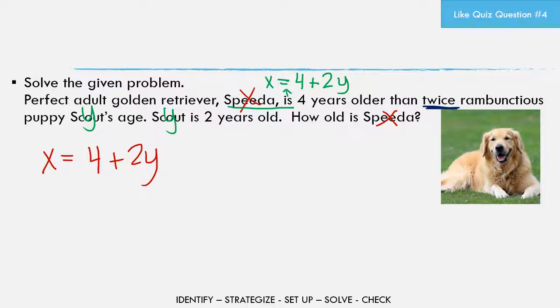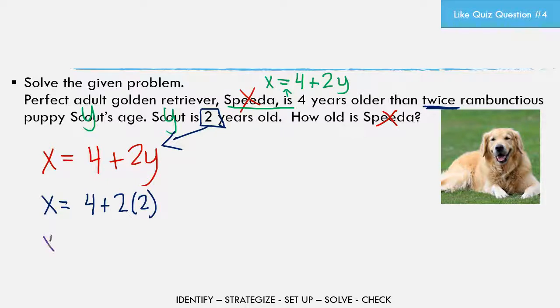And they told us in the second to last sentence that Scout, or y, is 2 years old. So we know that y is 2. Now we can plug in 2 for y. So we have 4 plus 2 times 2, making sure we follow order of operations.